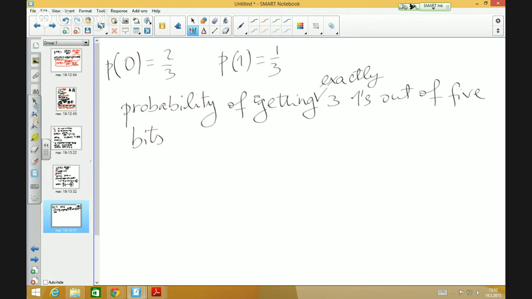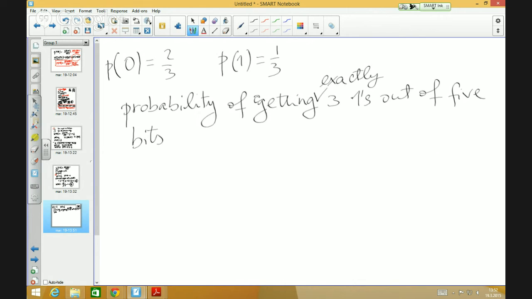Okay, yes. So we want to find out how many possible ways I have to put exactly 3 ones in 5 slots, which are the 5 bits. So this should ring a bell. I need to choose 3 slots for the ones out of 5. Does this smell like something you know?